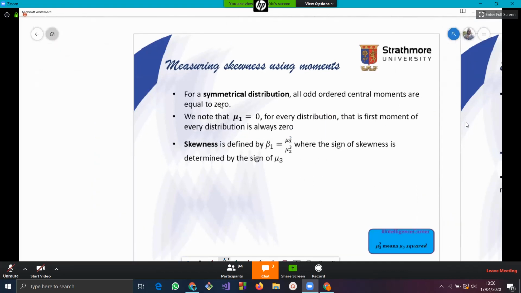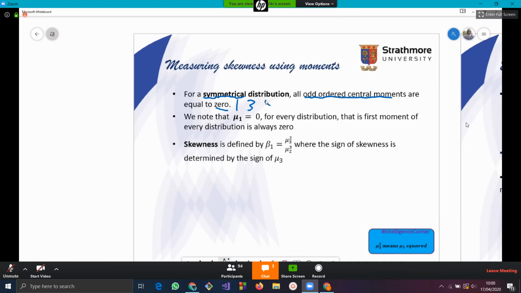Okay. So we are going to note a number of things. You can write them down. For a symmetrical distribution, symmetrical means perfect, the bell-shaped curve with no skewness, all odd moments are equal to 0. What does odd mean? A 3, a 1, a 5.